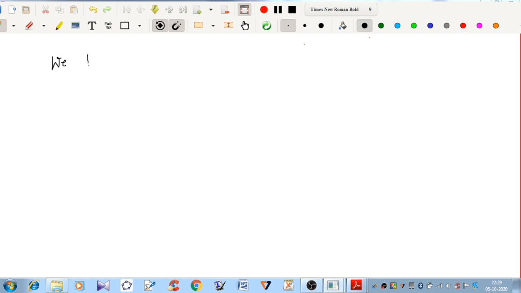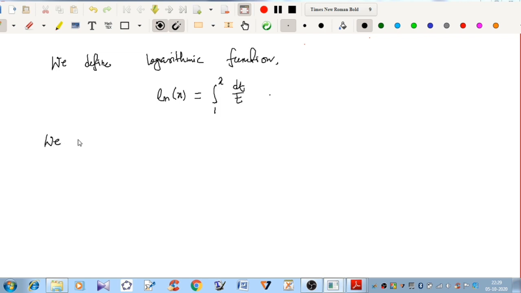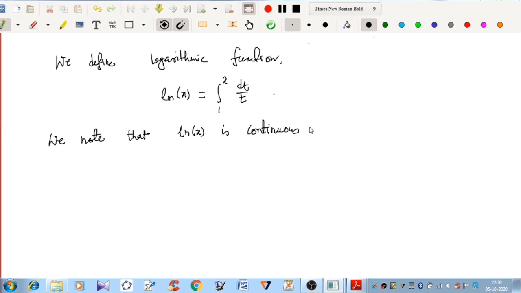Now first we give the definition of the logarithmic function. We define the logarithmic function log of x by the integral from 1 to x of dt by t. We note that the logarithmic function log x is continuous and monotonically increasing.